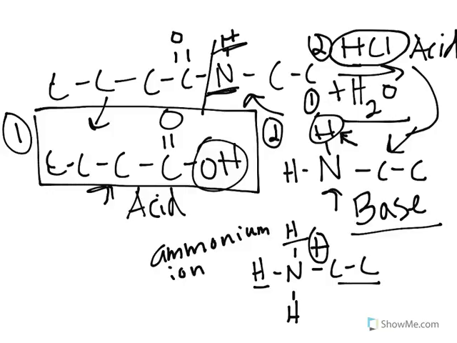Okay, so now we made this positive, but we took this H from that Cl. So what happens now is because that Cl lost that positive charge that was keeping it stable, now Cl is minus. Okay, so that Cl, because that's minus, and this nitrogen is positive now, these 2 can react.